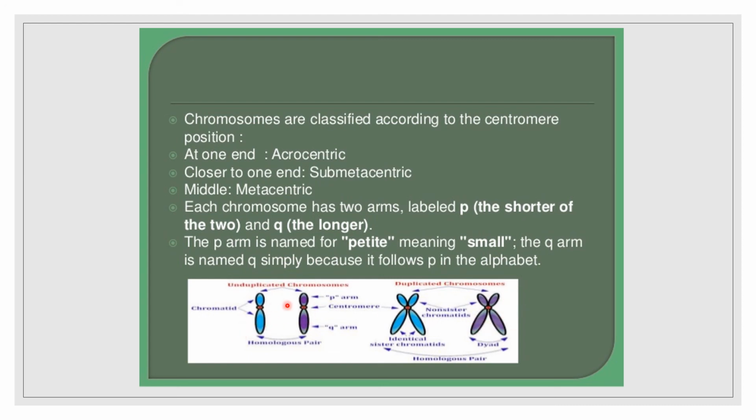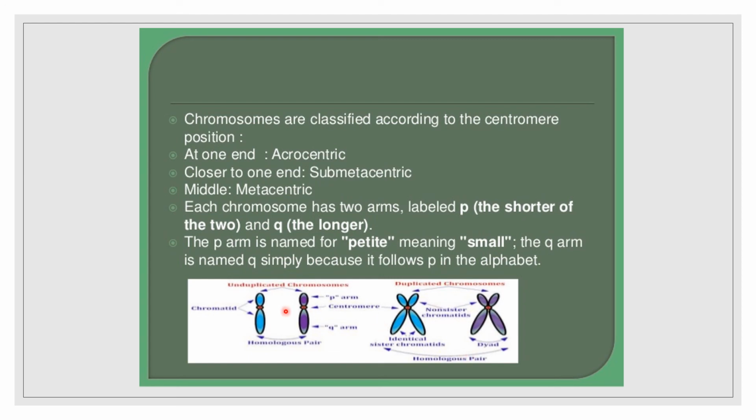So this is the unduplicated chromosome, and this is the duplicated chromosome taking place. Now these are chromatids, as already shown to you. When duplication takes place, this and this are identical sister chromatids, and one blue and one purple chromatid are non-sister chromatids of a homologous pair.